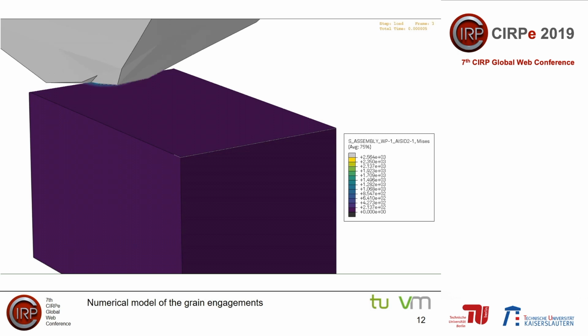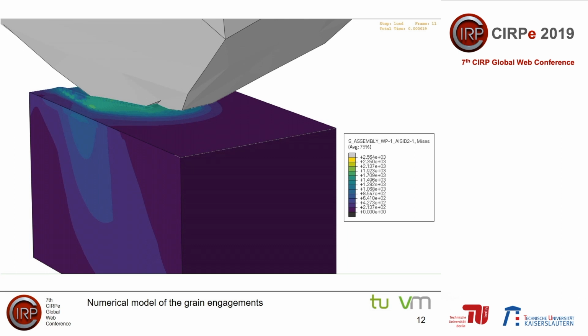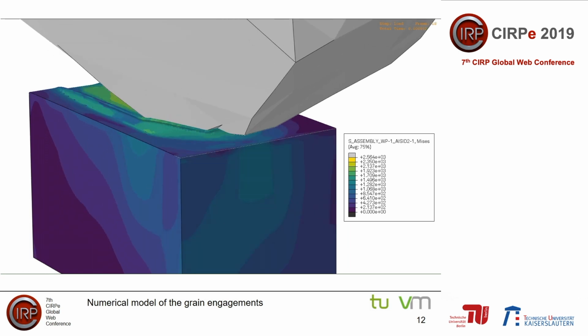The material behavior during the grain engagement is highlighted using the occurring von Mises stresses. The undeformed chip thickness in this process was 4 micrometers. The forces acting on the grain amounted to 9.2 Newton in normal direction and 3.8 Newton in cutting direction. The resulting undeformed chip area was 236 square micrometers.